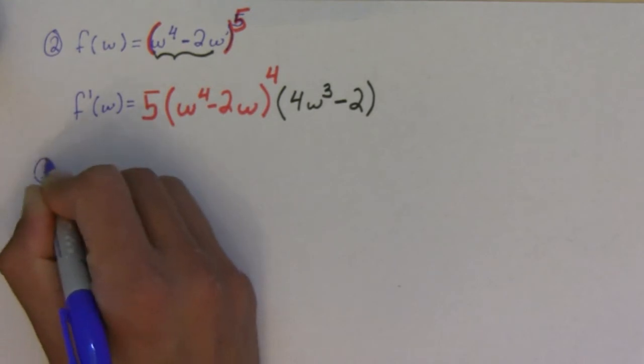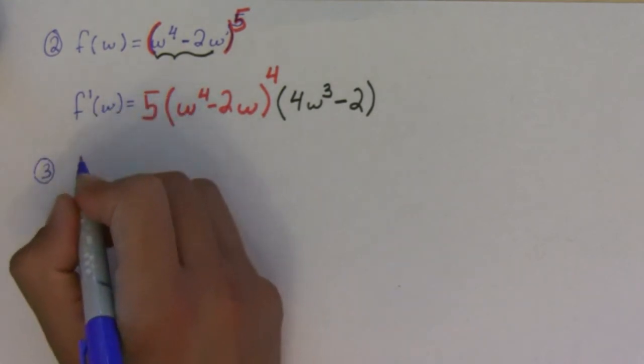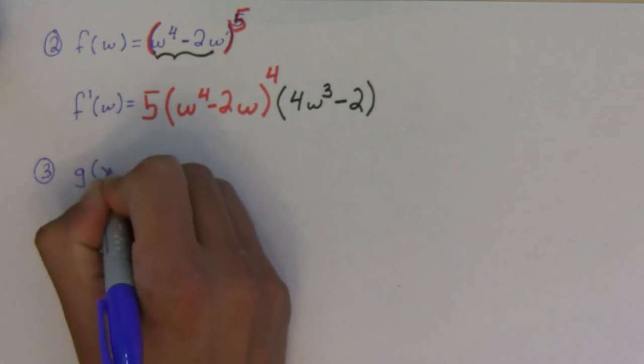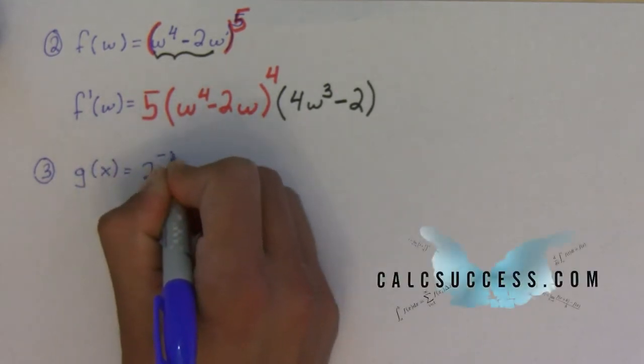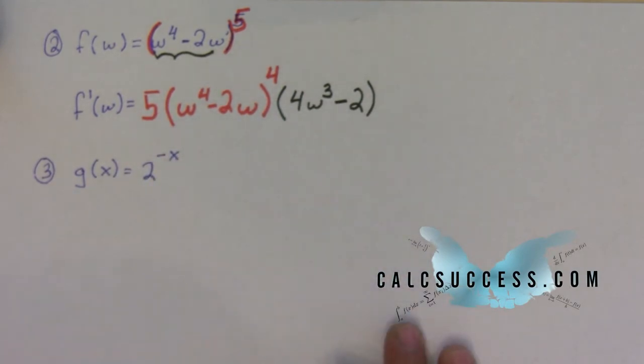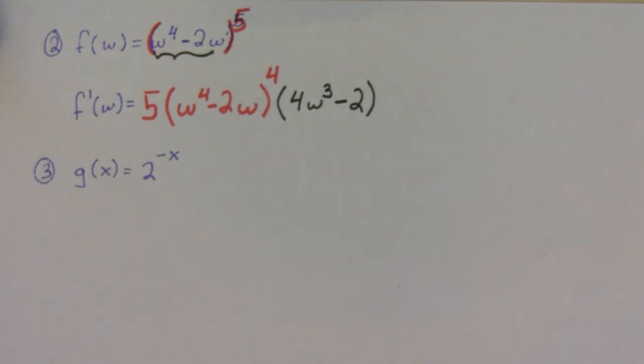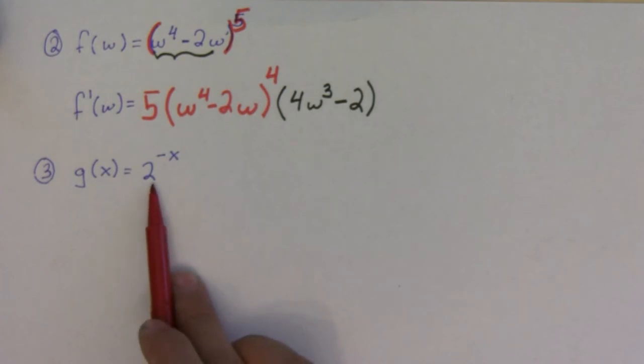Let's do one that's a little bit less obvious. Let's say we have g of x equals 2 to the negative x. Okay, now here in this one it's not as obvious which one's the outside and which one's the inside function, but well, this is an exponential function.